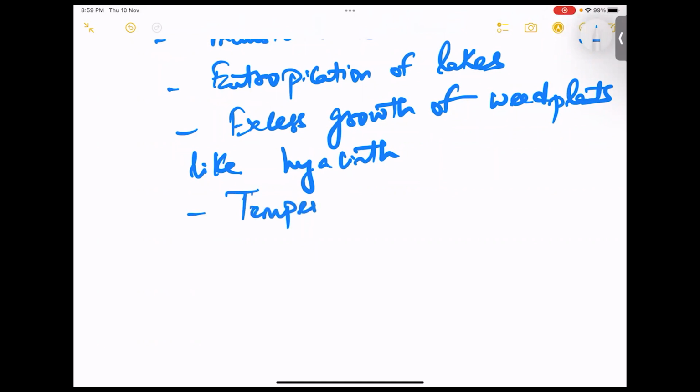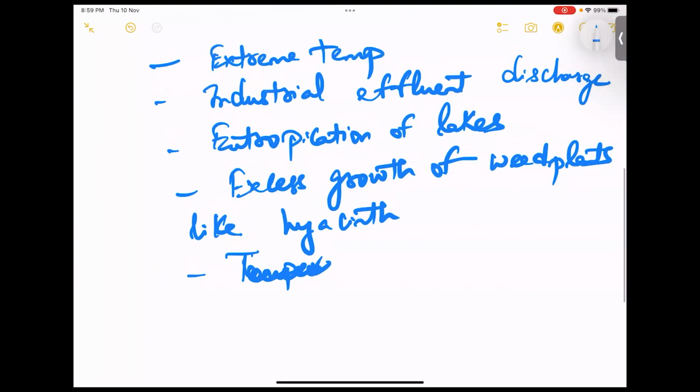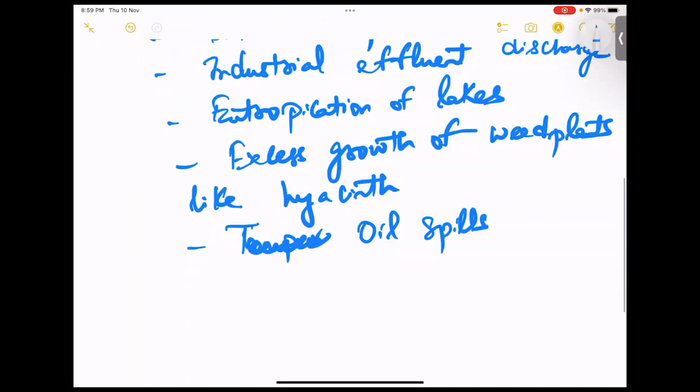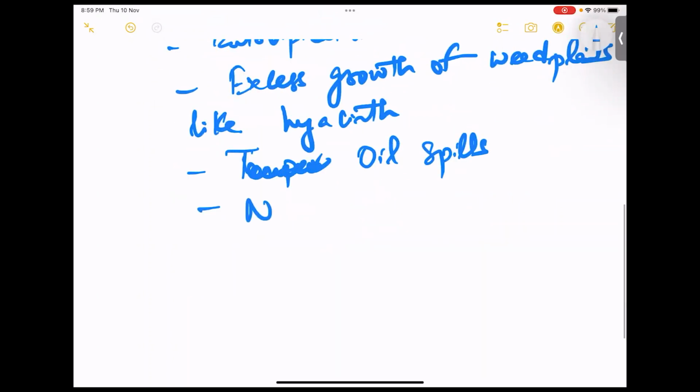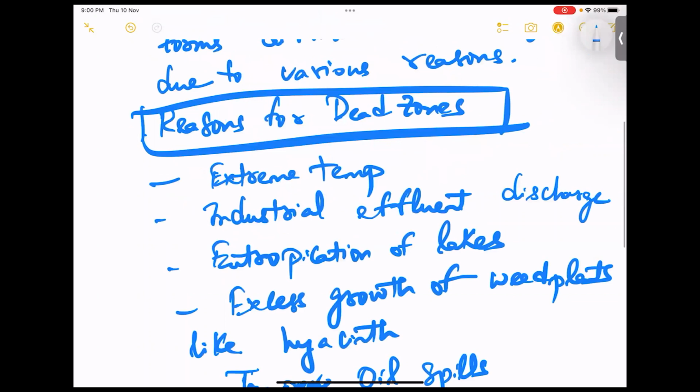Temperature increase, industrial effluents, excess plantation, we have already written. And then oil spills. And then the natural causes like upwelling and downwelling. So these are the causes or reasons for dead zones.